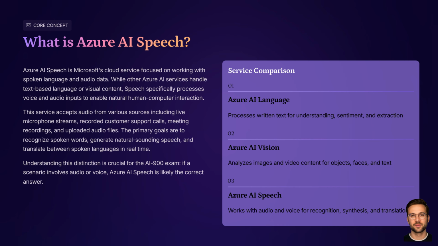Whenever the input is sound captured from a microphone or an audio file, and the goal is to recognize, generate, or translate spoken words, Azure AI Speech is usually the correct service to think about. In exam scenarios, if you see phrases like transcribe phone calls, make the app talk back to the user, or translate spoken language in real time, those are clear hints that the question is about Azure AI Speech.